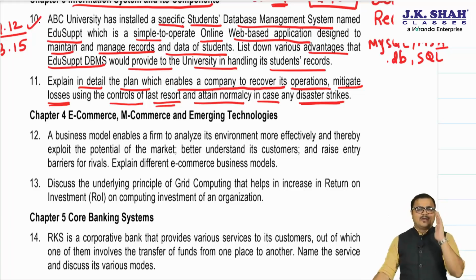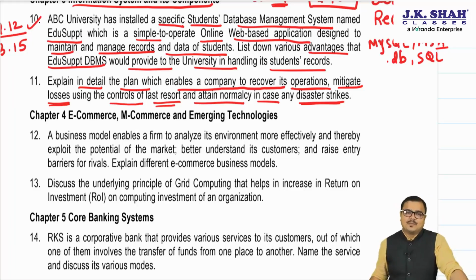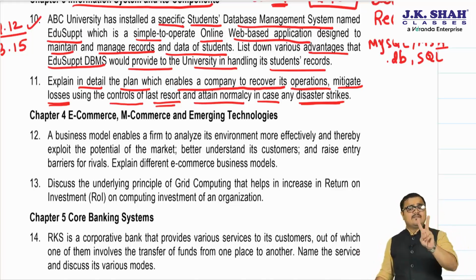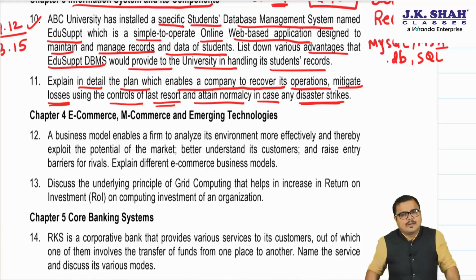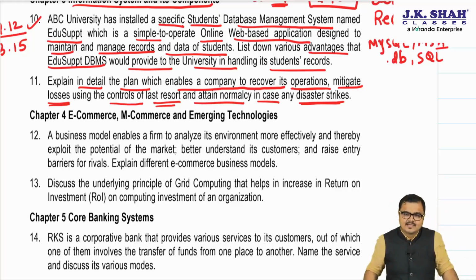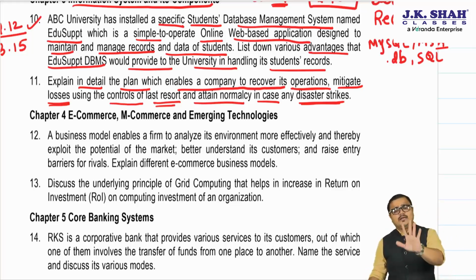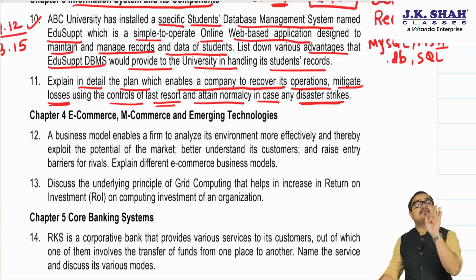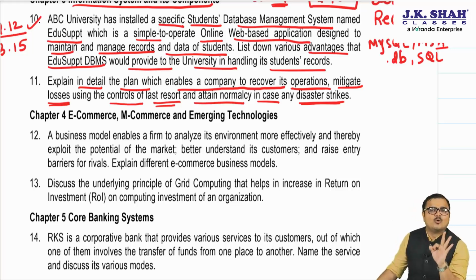For this, you have to remember one thing. We have already studied the concept called management controls. In management control, we studied top management and EIS management control. Second, system development management control. Third, program development management control. Fourth, quality management control. Fifth, security management control.